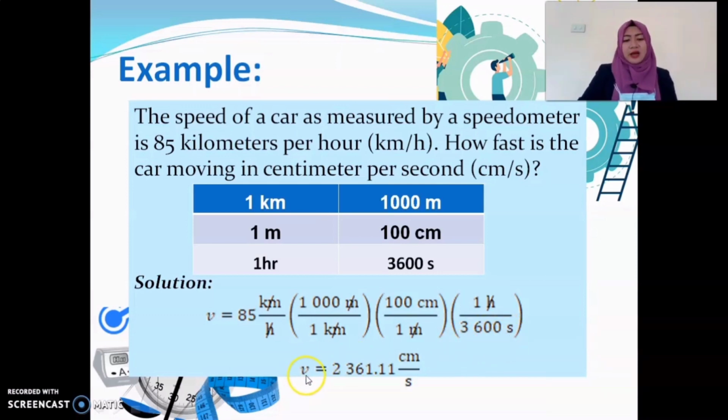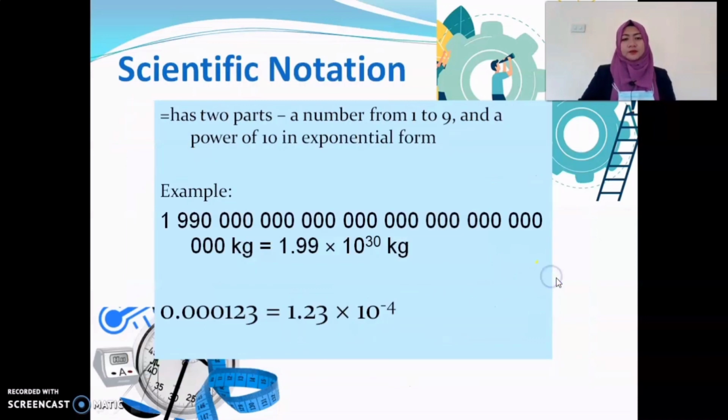So the velocity of the car is 2,361.11 centimeters per second, and that is also equal to 85 kilometers per hour.